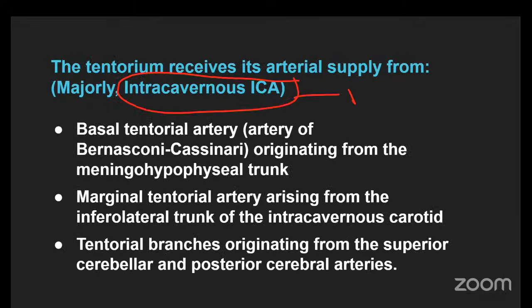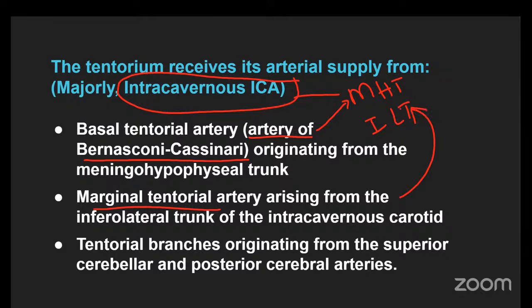Intracavernous ICA has two major branches, the meningohypophyseal trunk and the inferolateral trunk. Now, it's beyond the scope of this brief session to cover both of these anatomy, but you need to remember that the artery of Bernasconi and Cassinari originates from the meningohypophyseal trunk, and the marginal tentorial artery arises from the inferolateral trunk.